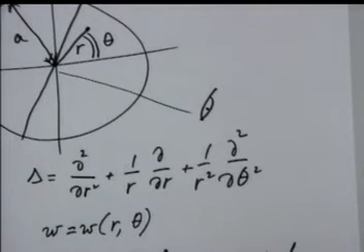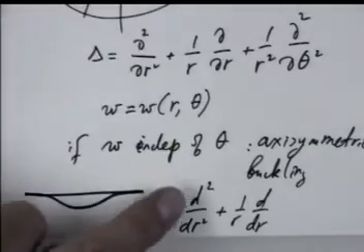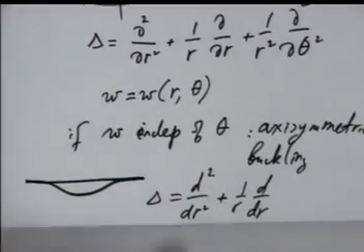W is not a function of theta, therefore when you differentiate with respect to theta, we get 0. There is no contribution, and partial derivatives are changed into direct derivatives. Okay?